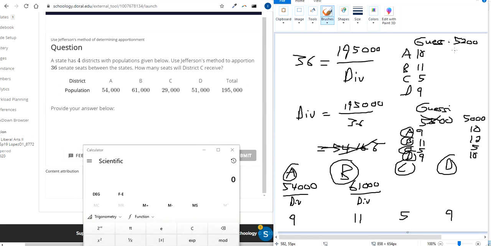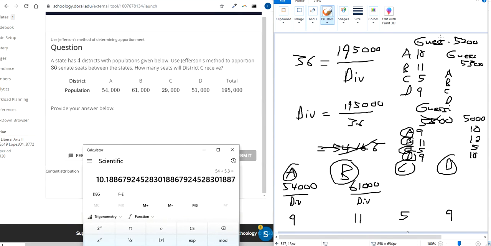So now we have to make a new guess. Let's guess 5,300. It's kind of like a guessing game, trying to get it in between a certain set of numbers. So we got 54 divided by 5.3, no change there. 61 divided by 5.3, no change there, because remember we just drop the decimals. 29 divided by 5.3, no change there.